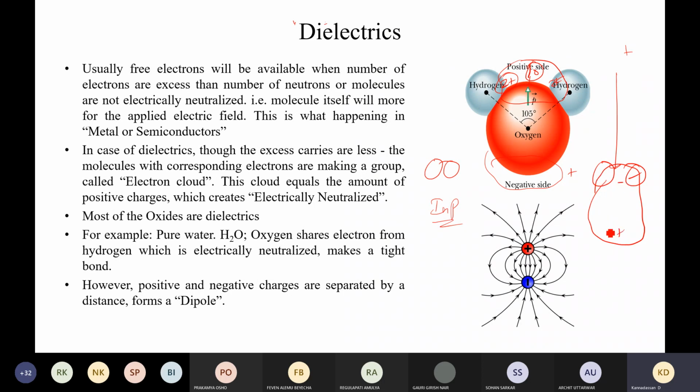And immediately this positive negative behavior will create the dipole. These cannot be separated, meaning they are always separated by a distance. So whenever we have a positive charge and a negative charge separated by a very, very small distance, in the dimensions of the charges itself, that is often referred to as a dipole.